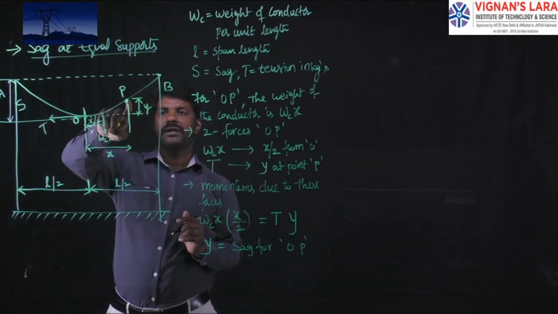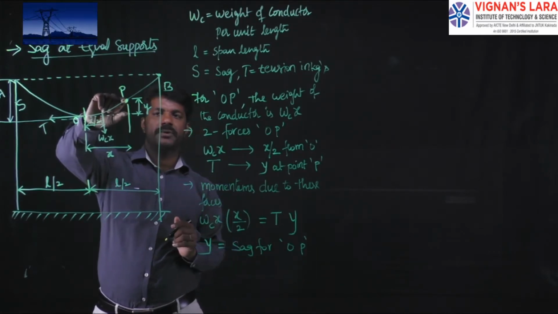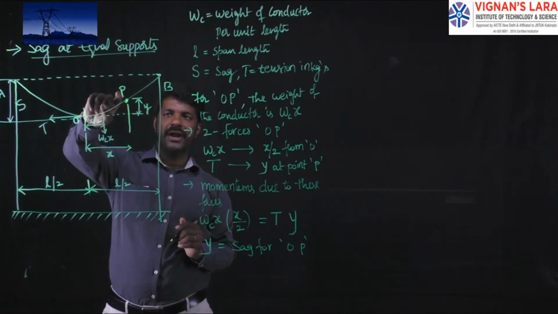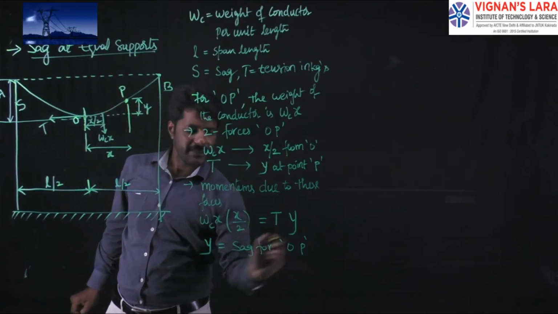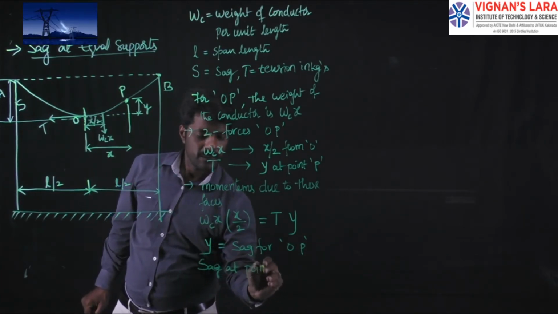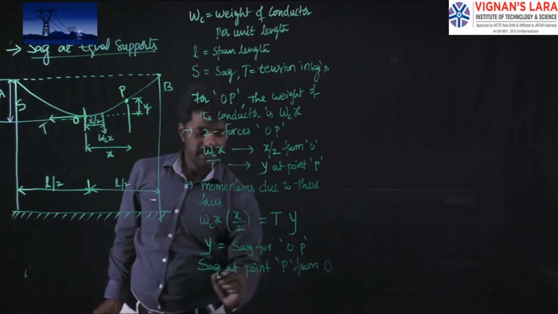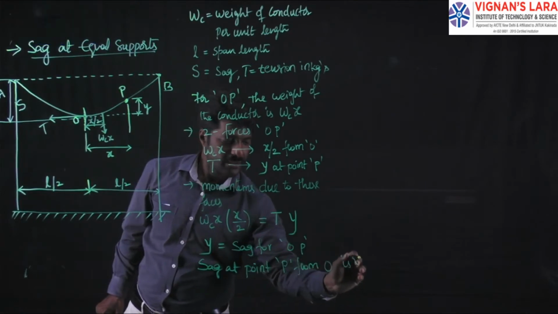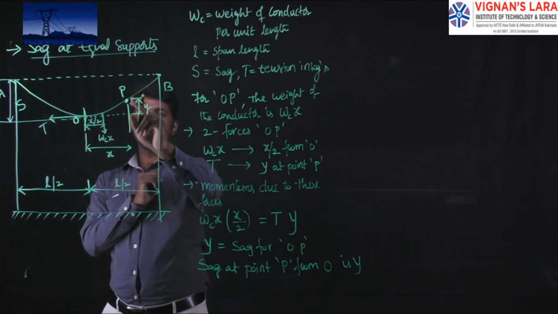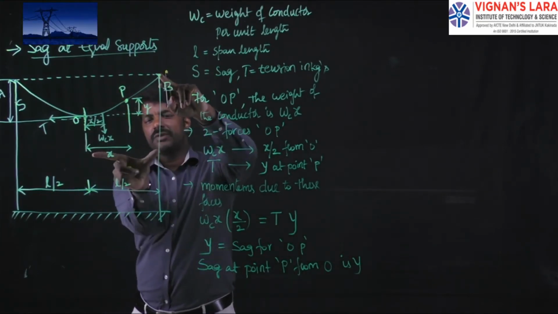I took this point P on the conductor, so that the deviation between this point P and the lowest point of the conductor is Y. Then this Y is called the sag at a point P, by default measured from O. Therefore, I have to calculate that Y. If I extend the same concept, this P is extended to B from O, so that the length will be L by 2.